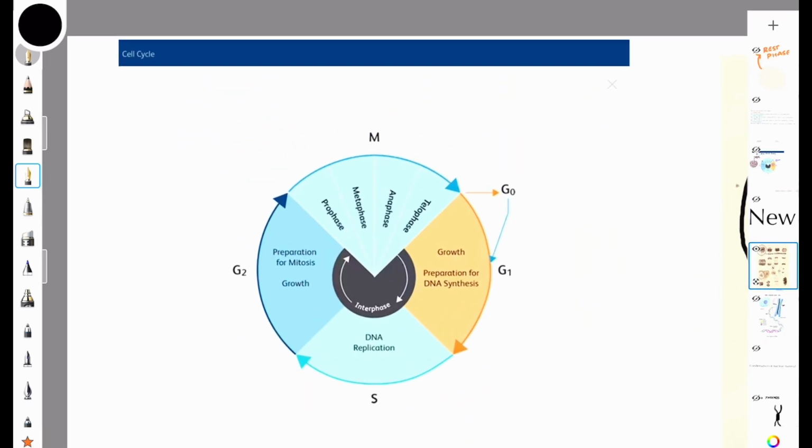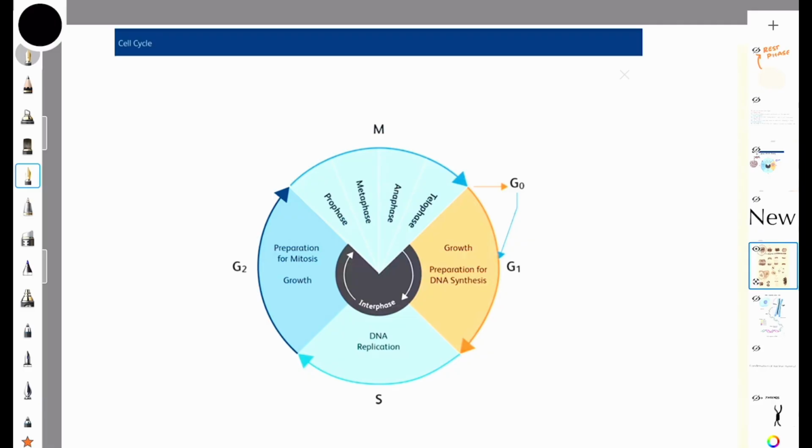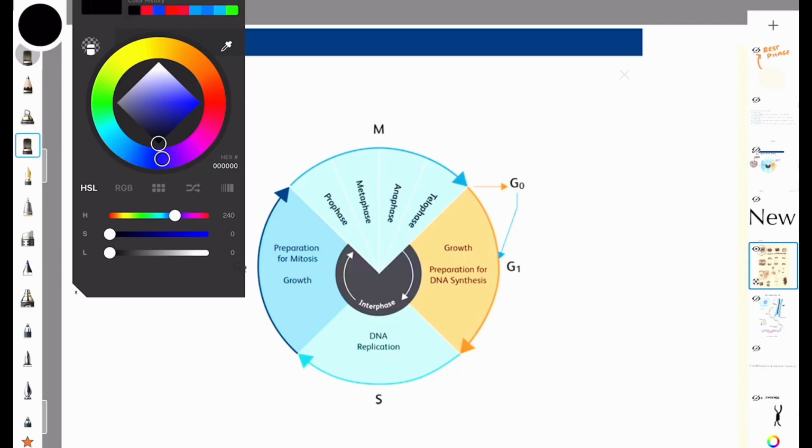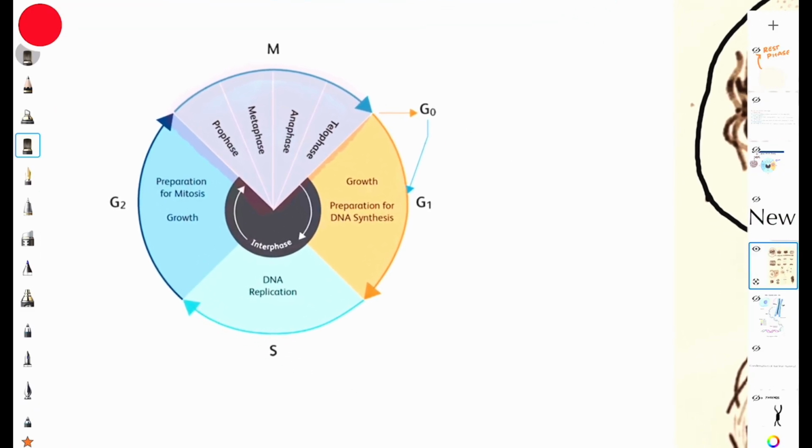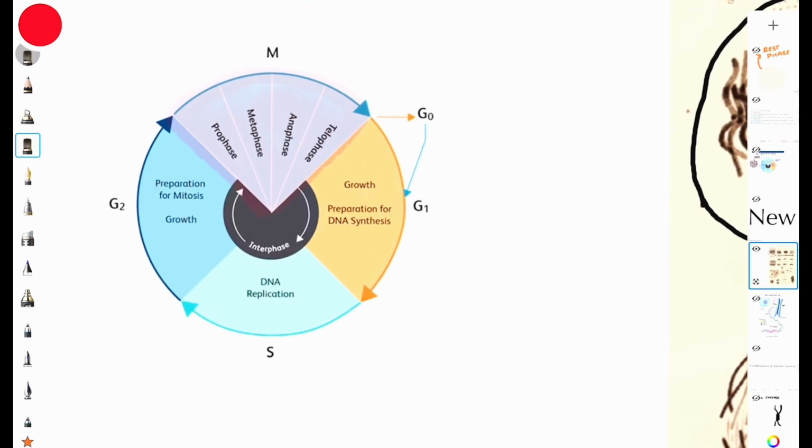So I just want to show you this here. So I told you that there are these subphases in mitosis, and you can see that here, right? This M phase contains all of these other phases. We are not going to worry about this at all. We just don't have the time, and this gets pretty heavy. And all this is telling you is that during these phases, this is when the most important aspects of mitosis occur.